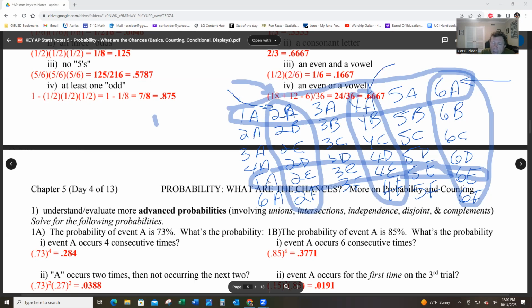We double counted that and all the E's down here. 1E, 2E, et cetera. So we double counted 6 of them.